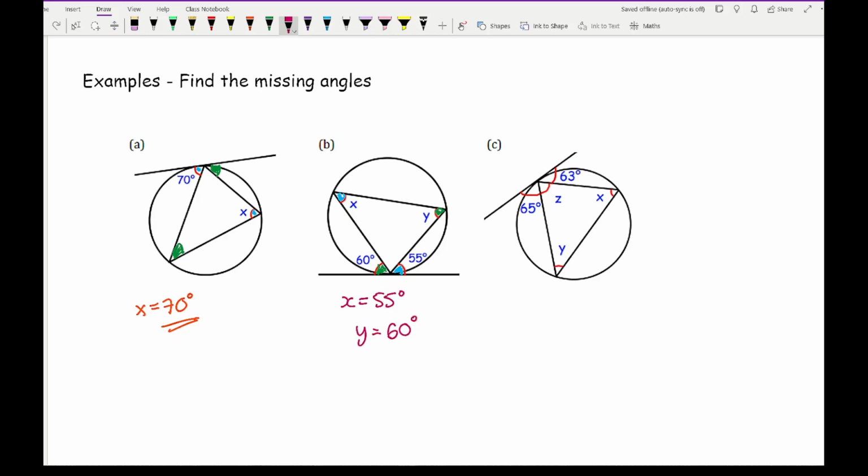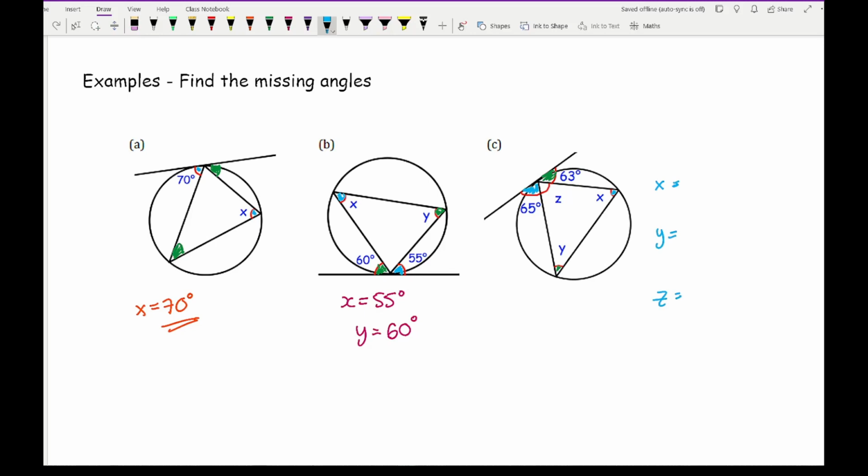And then moving on to question C. So again, if I straight away mark what these angles are going to be, so that angle is going to be the same as this angle here, and this angle here is going to be the same as that angle there. Now in this particular question, I've got to find x, y, and z. And although there's no law that says you have to do it in that order, generally speaking, that's usually the order that they go in.